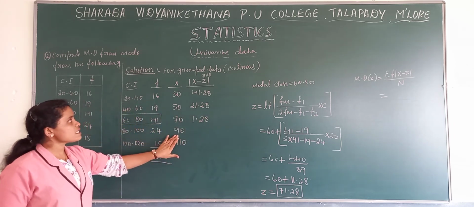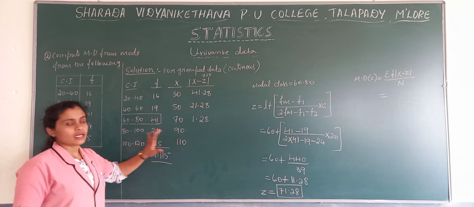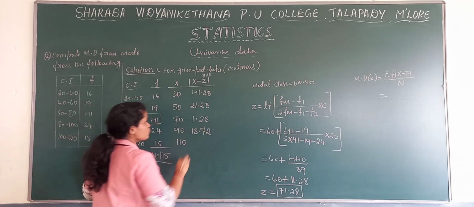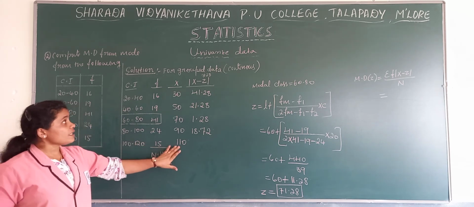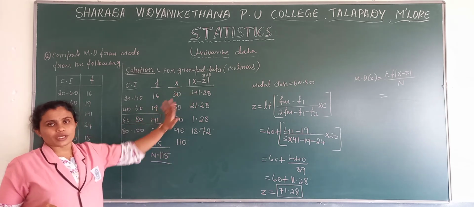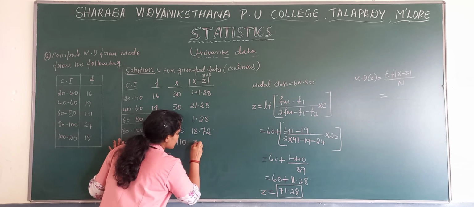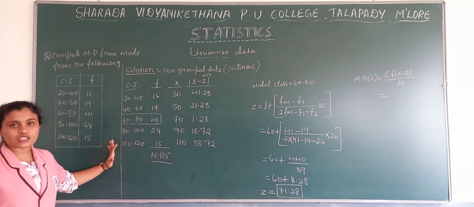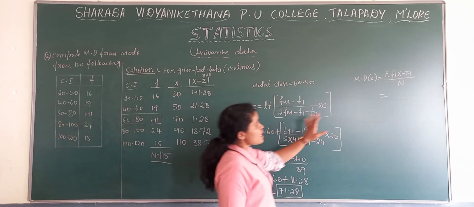Next 90 minus 71.28, we get 18.72. Then 110 minus 71.28, we get 38.72. These are the values of modulus x minus z.